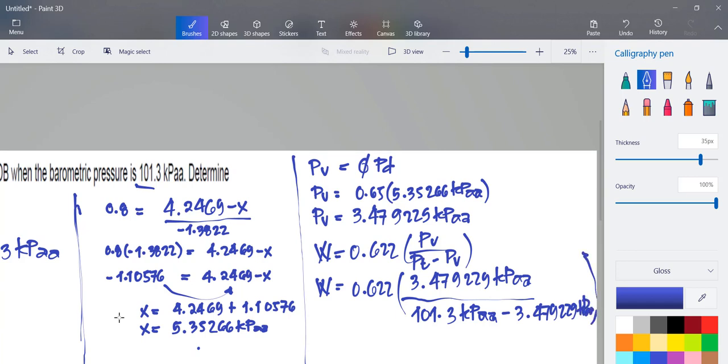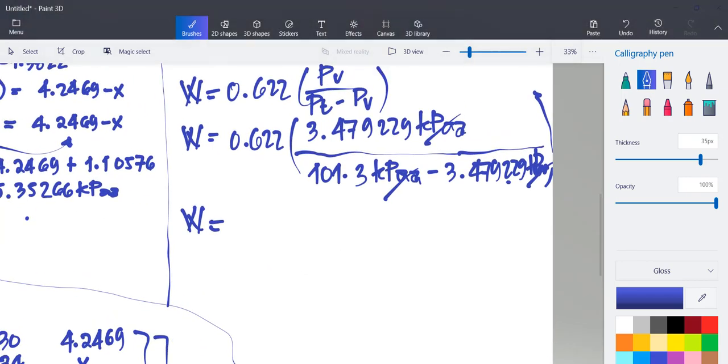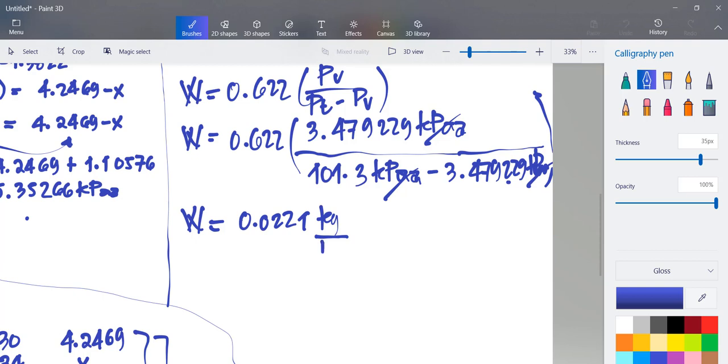So close parenthesis. So cancel the units. So we have the humidity, which is equal to how much using our calculator. Okay. So we have the value of humidity, which is 0.0221. Okay. The unit is kilogram of vapor per kilogram of dry air.